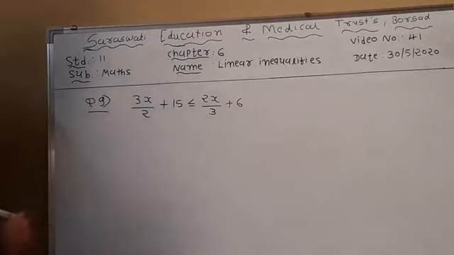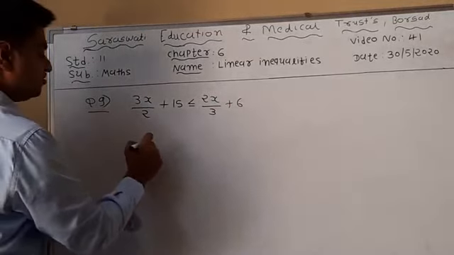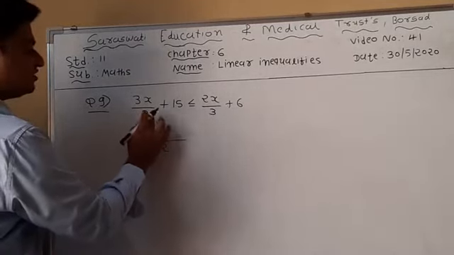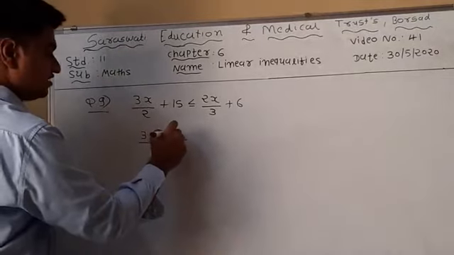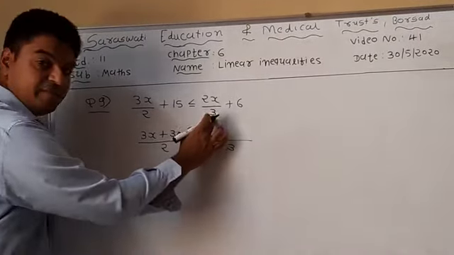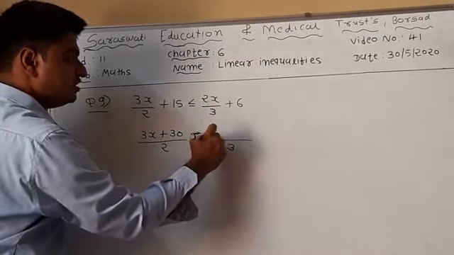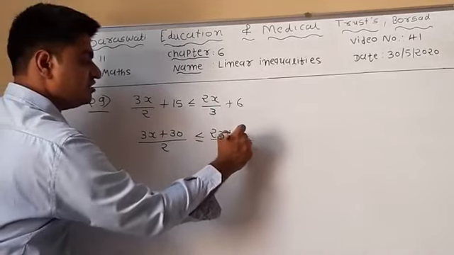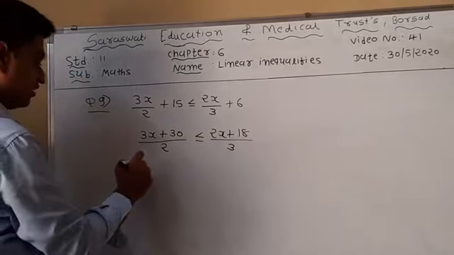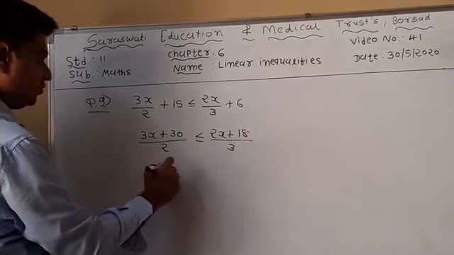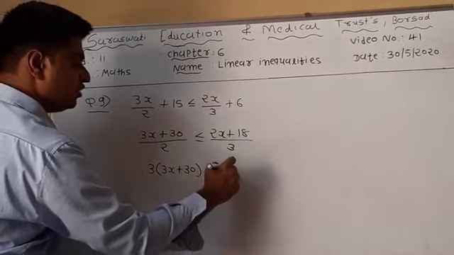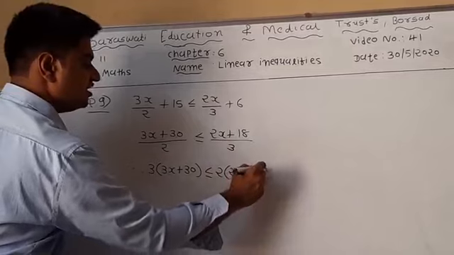So again we take the LCM. 3x plus 15 into 2, that means 30, is less than or equal to, here 3 we take as LCM. Now multiply with 6, so 2x plus 6 times 3 is 18, 3 multiplies this side and 2 multiplies this side. So 3 into bracket 3x plus 30 is less than or equal to 2 into bracket 2x plus 18.